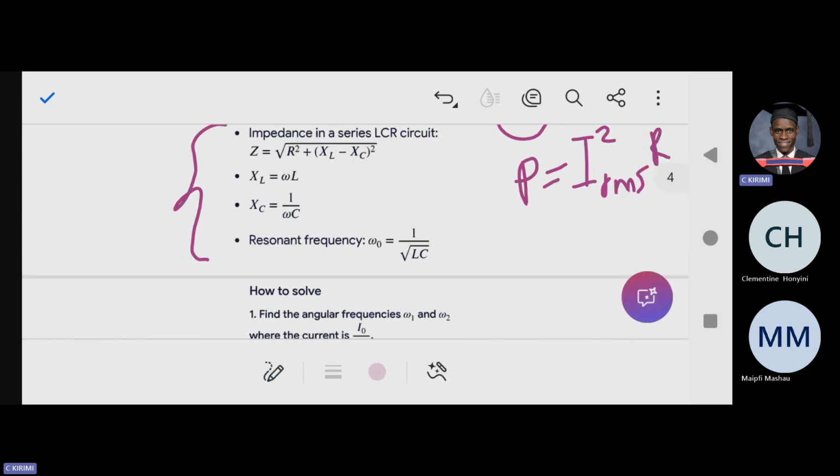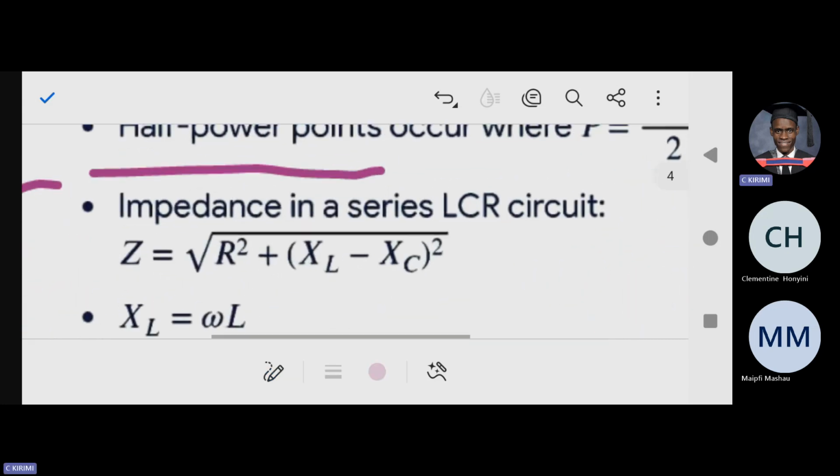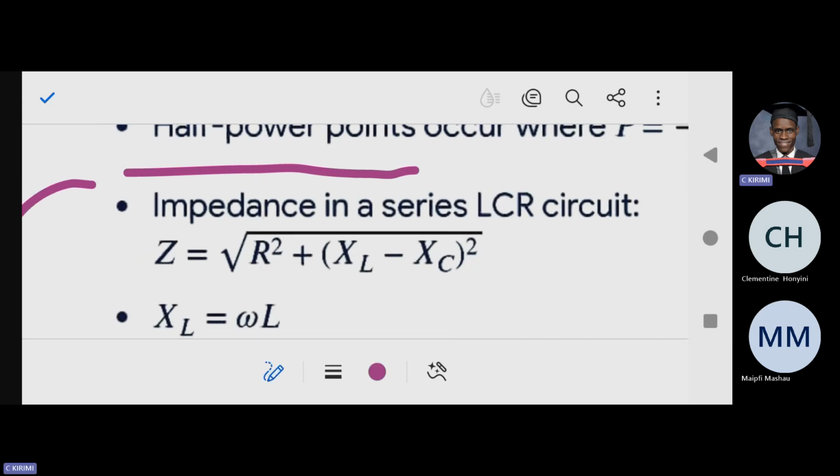Then you'll be left with this one only. So your Z, in other words, is equal to R at resonance. Why R? This is out, this is out at resonance. The inductor and the capacitor are out.